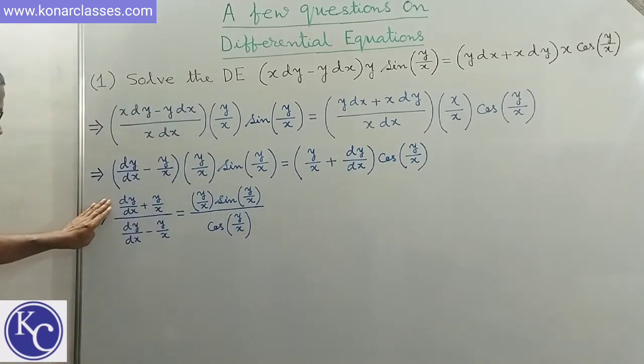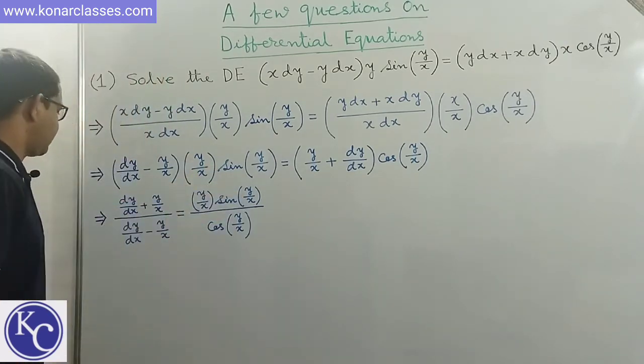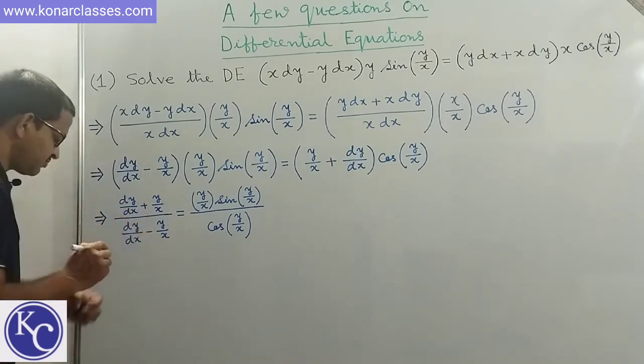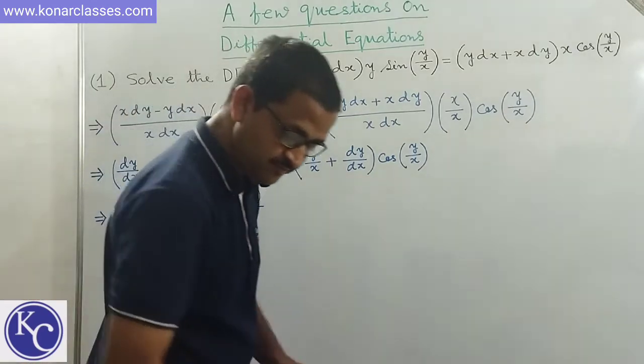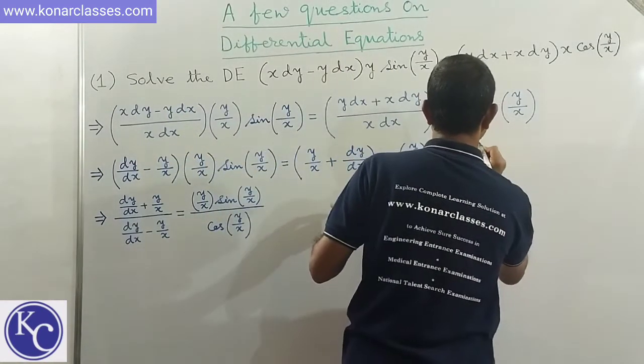Now from this equation we need to express dy/dx in terms of y by x. How can we do this? We can use the concept of componendo dividendo. If you recall what componendo dividendo is, let me write here.